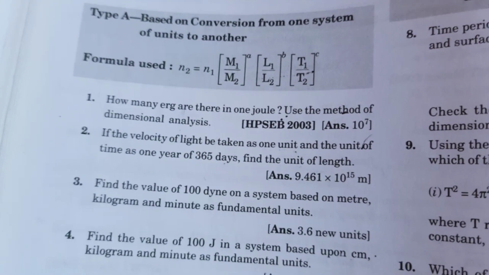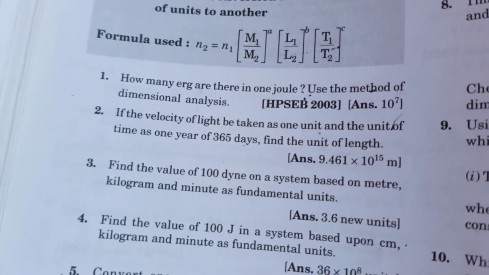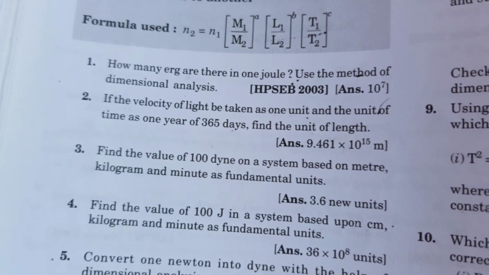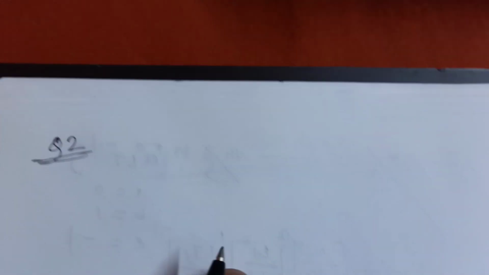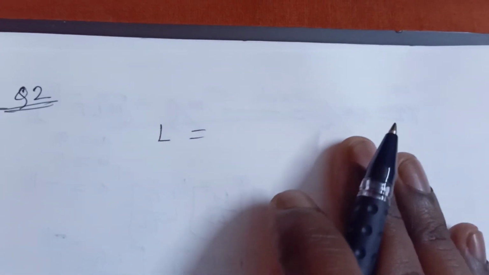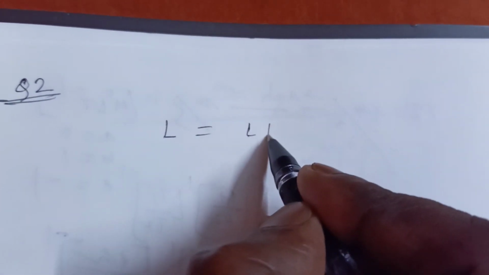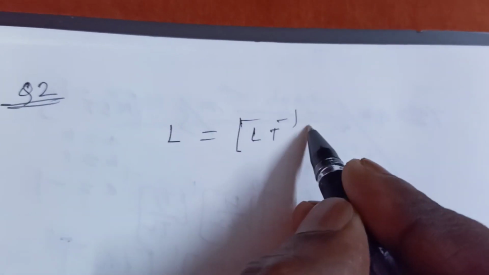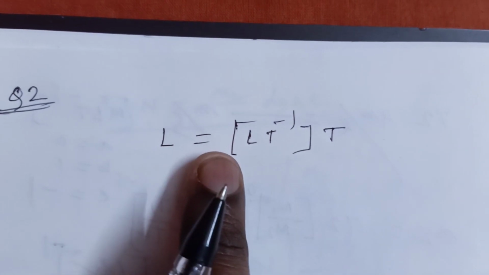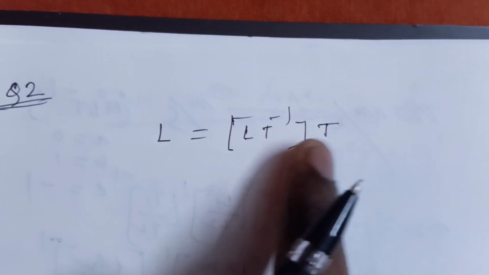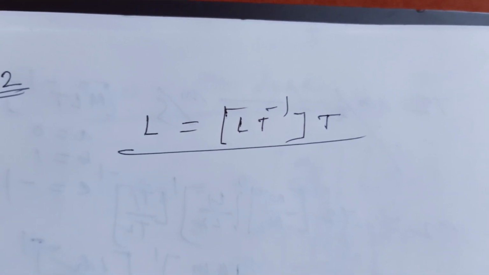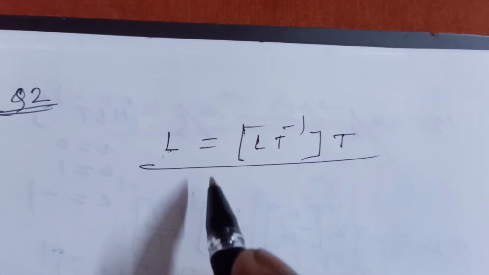This is different, and that is why I did not take that example first. You have to convert velocity into time. Velocity is L t to the minus 1, multiplied by time, so t minus 1 and t cancel, leaving L. So this is the formula to use.